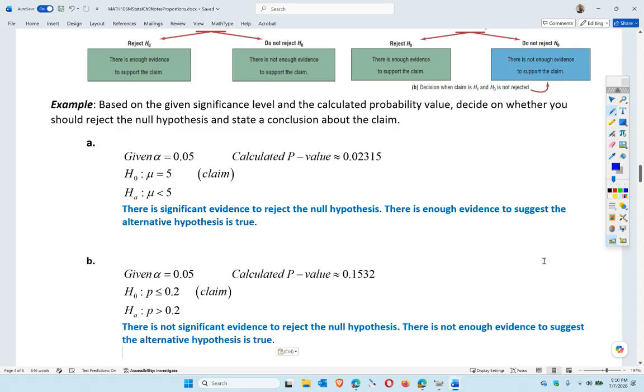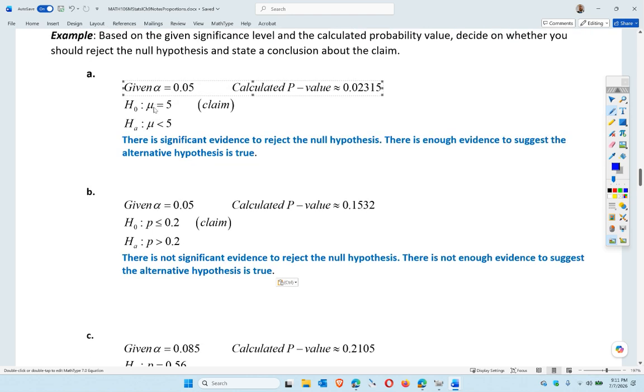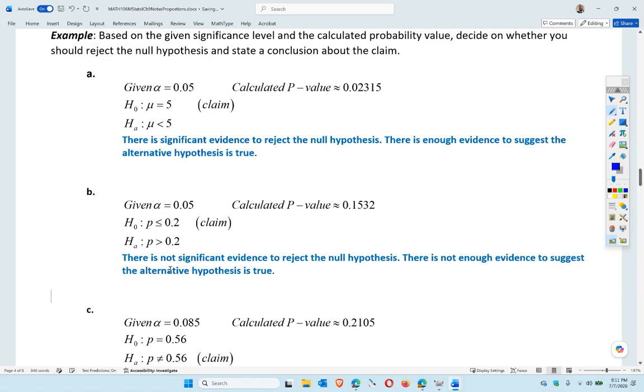There is not enough evidence to suggest the alternative hypothesis is true. So essentially, you assume the null hypothesis unless otherwise proven to the alternative. And you're finding evidence by doing calculations. That calculation is a p-value, which we're going to go over in the next video as to how you get that p-value.